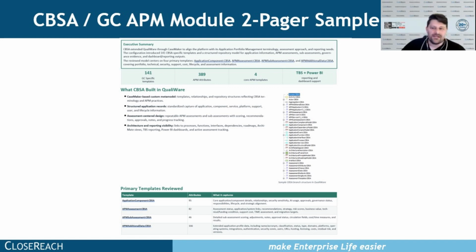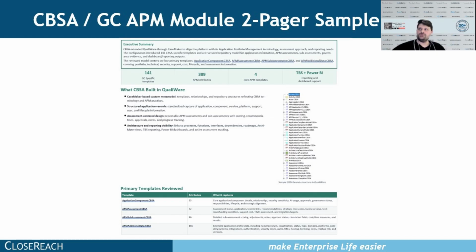Just building on that great presentation that Samuel did, we thought it would be a perfect segue to provide a quick update on the CloseReach / CBSA APM update. We received a copy of the CBSA meta model, and we initially reviewed and analyzed what's behind the machine that Michael, Sam and the rest of the folks at CBSA have built.